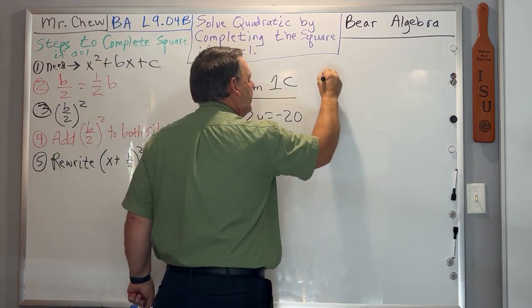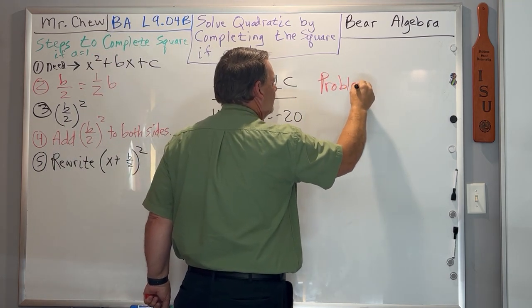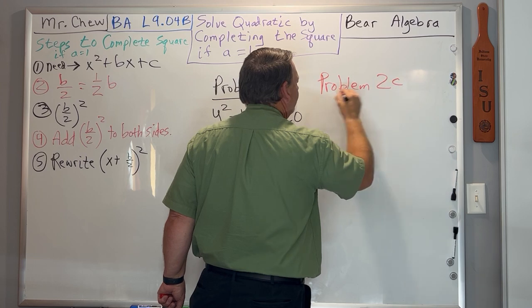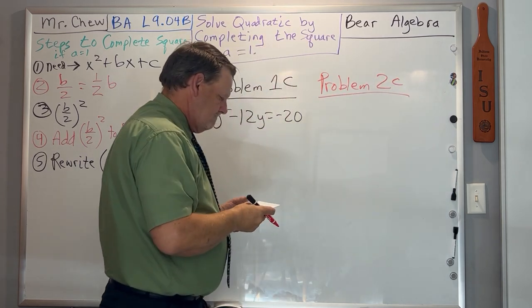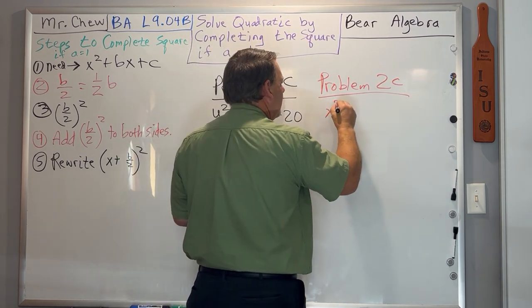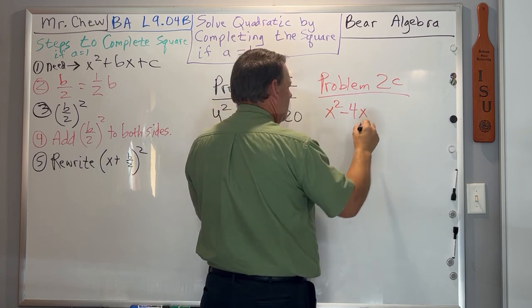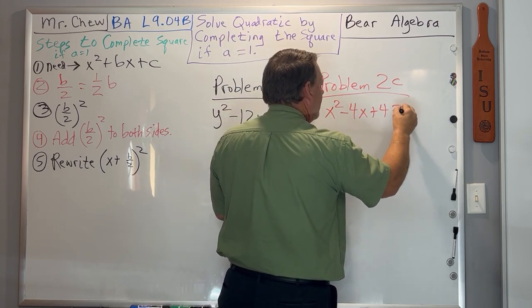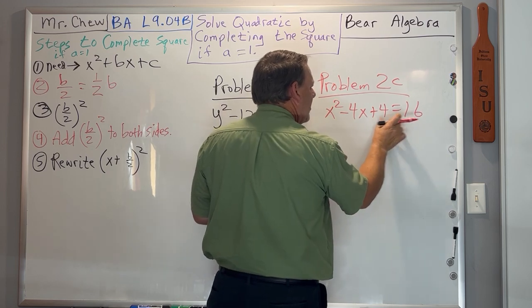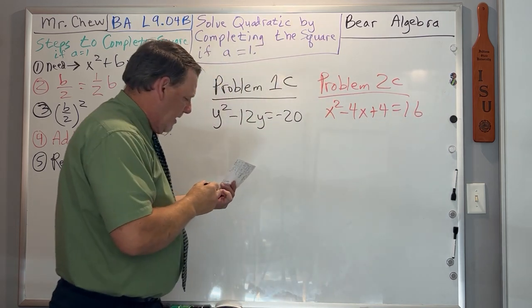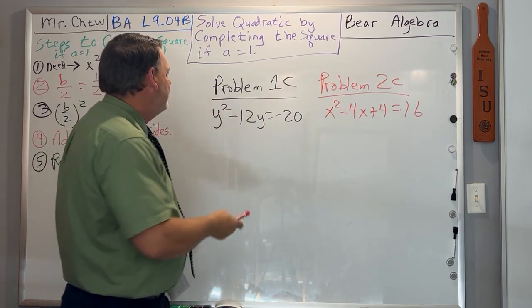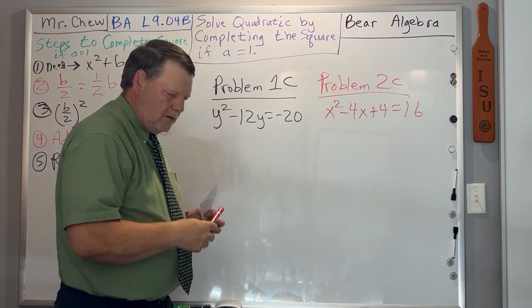And problem 2C is x squared minus 4x plus 4 equals 16. Now remember, you're going to have to subtract that 4 before you can complete the square. These are easy ones because a is 1.